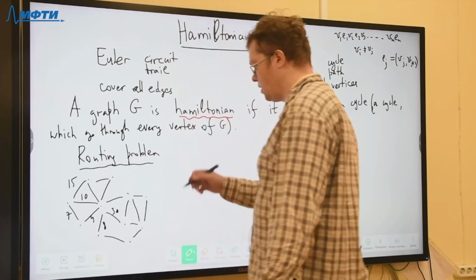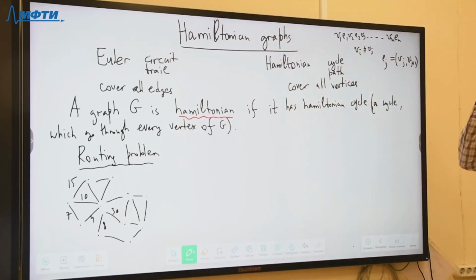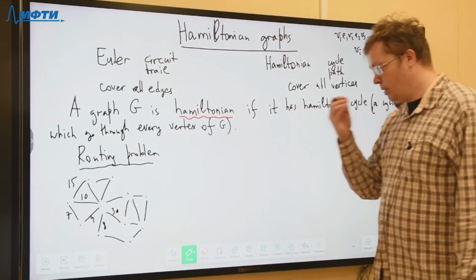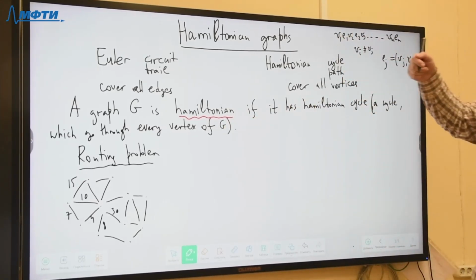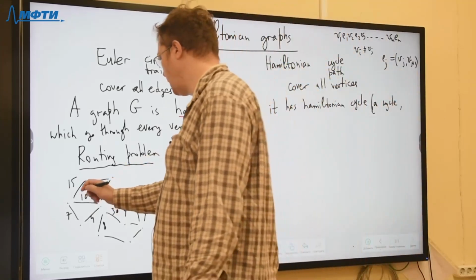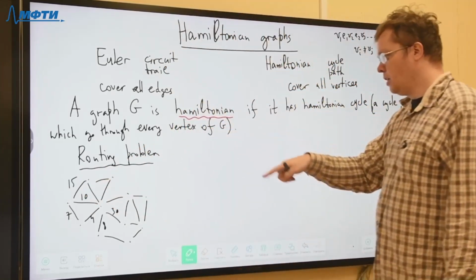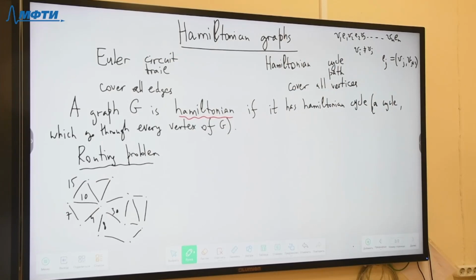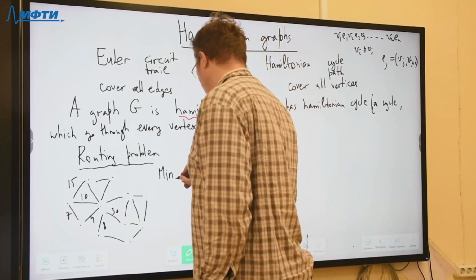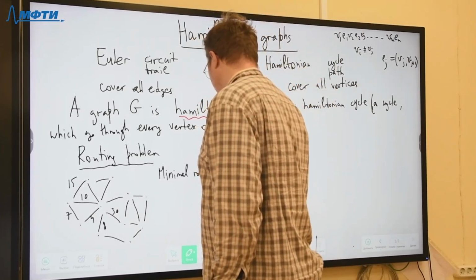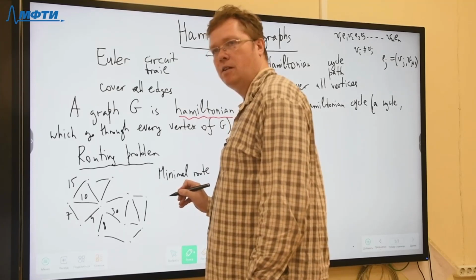And the question is, we want to go through all the cities with minimal route, and minimal route is just the sum of all numbers on the edges which we used in our route.